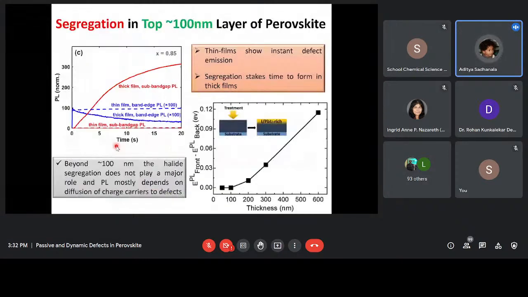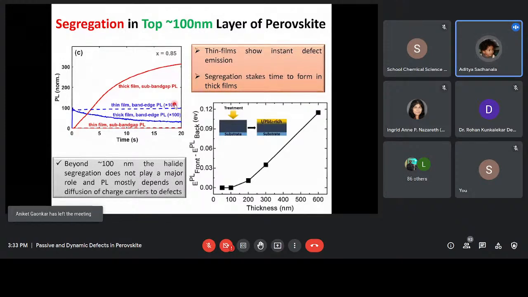And that is something we can see here. If you look at the top graph, if you make your sample really thin, so thin that the difference between front and back is very small, then the defect emission is always there from the beginning. There is no rise and saturation, because it is so thin that front and back hardly matter.